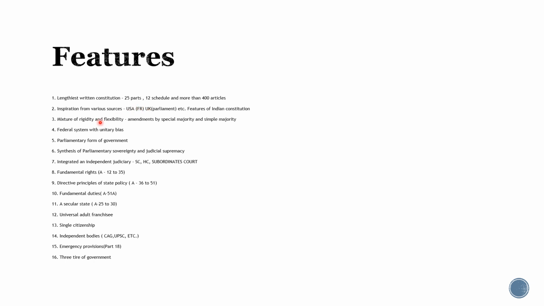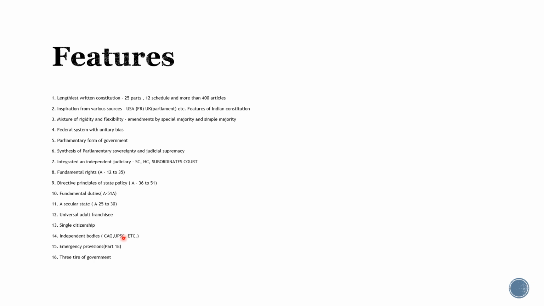It is a mix of rigidity and flexibility. It is a parliamentary form of government, a synthesis of parliamentary sovereignty and judicial supremacy. It has an integrated and independent judiciary. Fundamental rights are given, directive principles of state policy are given, fundamental duties are given. It's a secular state. Universal adult franchise is there.